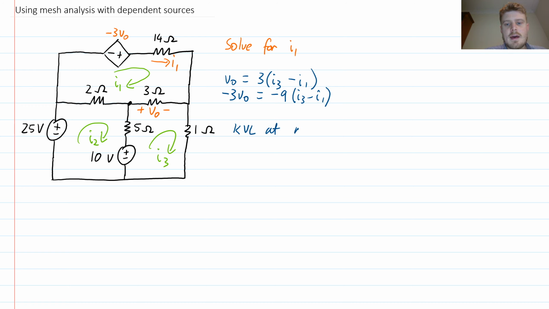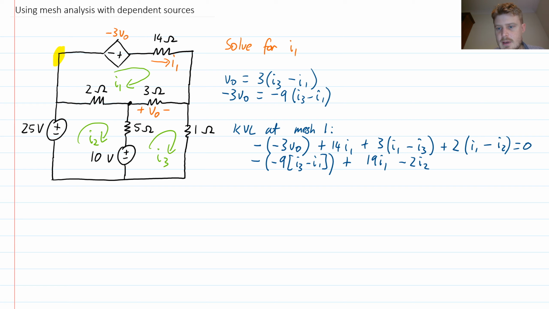Looking at the other terms, we can start to simplify. All of the terms involving I1 are going to give me 14 plus 5, which is 19 I1. For the terms involving I2, there's only one of them, so it's a minus 2 I2, and for I3, I only see one, so that's a minus 3 I3, and there are no constants, it's just equal to 0.